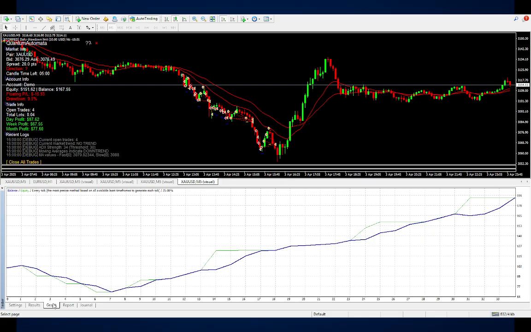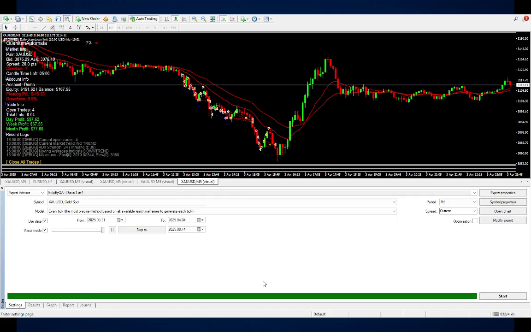So let me save these settings. $10 daily drawdown. Expert properties. Let me save it as $100 conservative, $10 daily drawdown. I'll save it as an additional file.